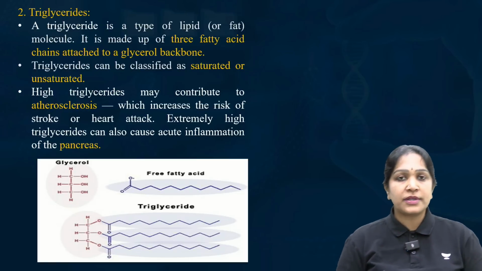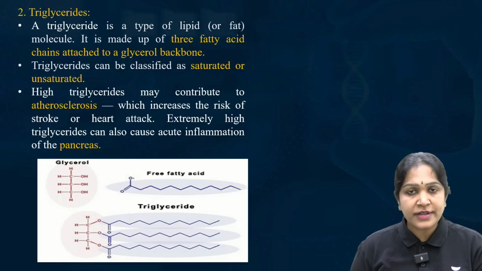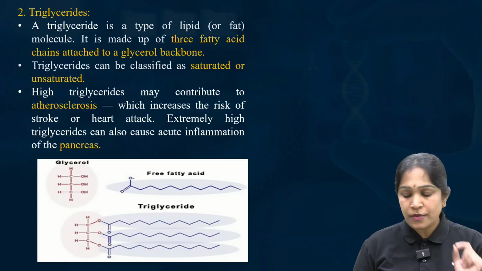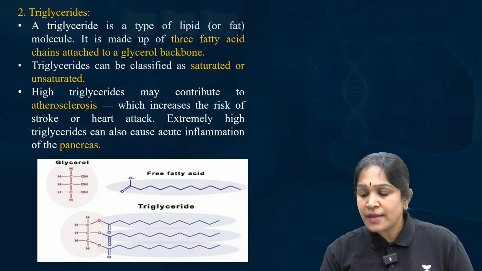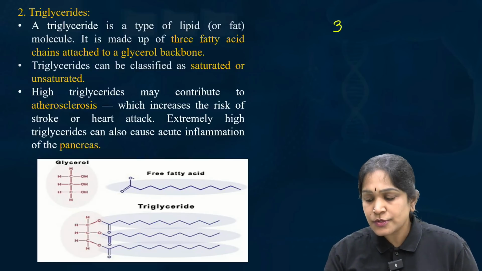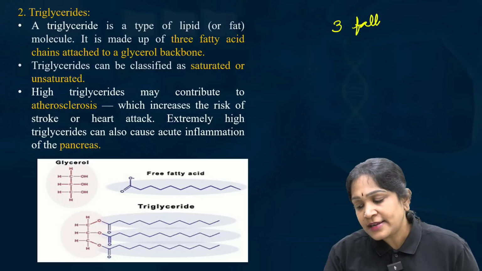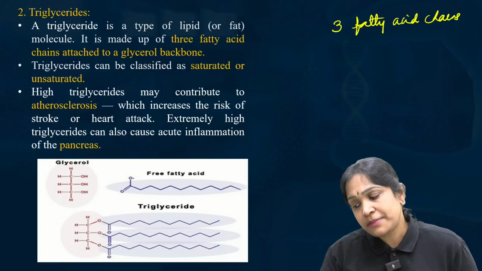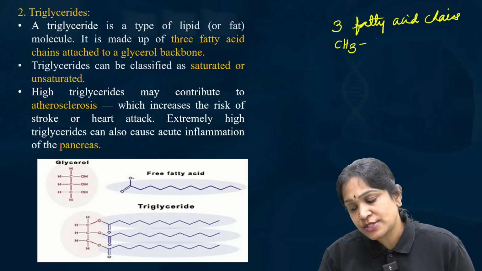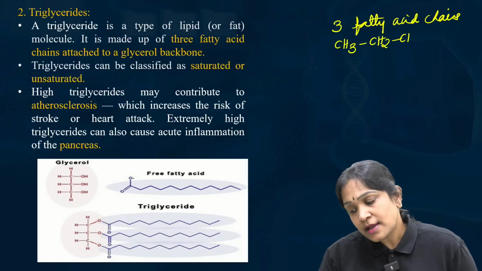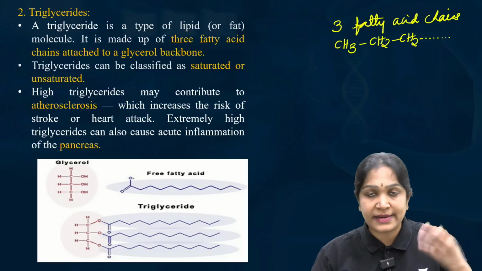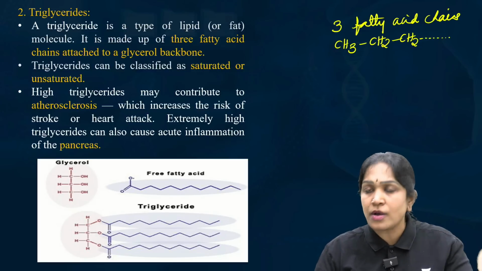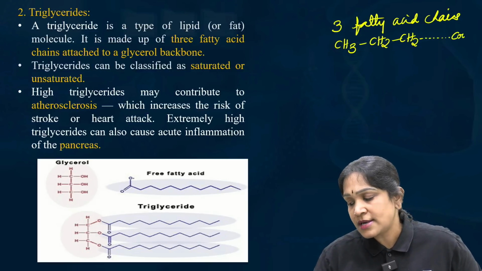Now, let us see about the triglycerides. What are triglycerides? We already understood about fatty acids, right? A fatty acid is CH3, a long chain of CH2s, like 18, 20, 22, a very long chain of CH2s, and COOH.